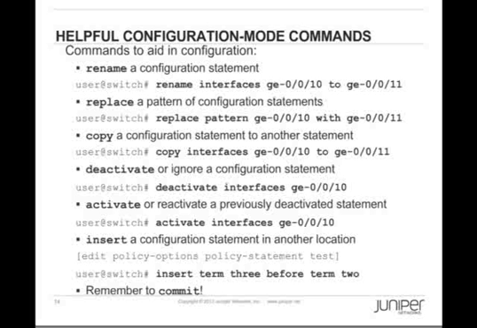Deactivate, on the other hand, defaults it back, where you can have your configuration set up, but you deactivate that substanza. Effectively, you've kept the configuration within the Junos config, but it's deactivated. From a system standpoint, it's not being programmed anywhere. The system doesn't know anything about it. It's literally deactivated, but you've kept it in the config.